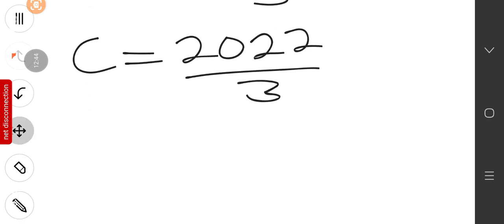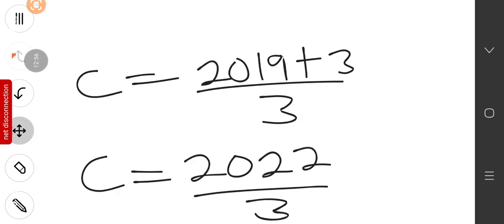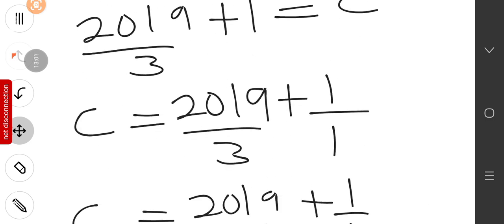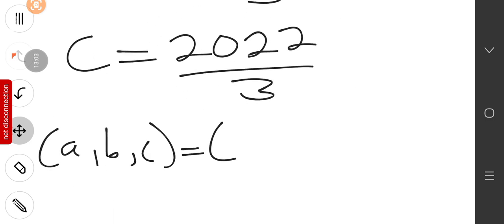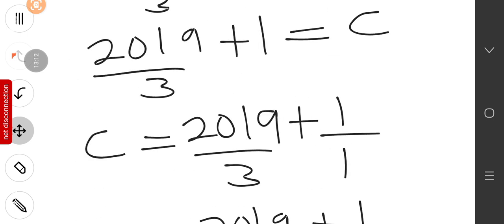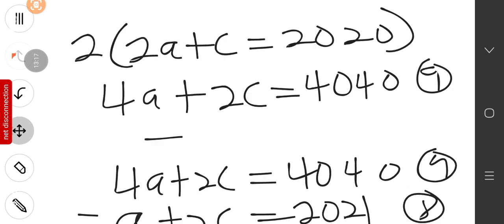All right, so therefore A, B, and C in case 2 equals, okay, so what did we get for A? You can see A is 2019 over 3. Now B is 2, right?